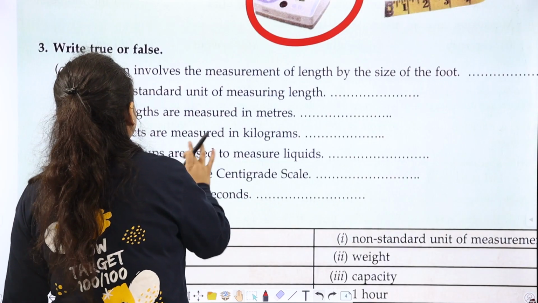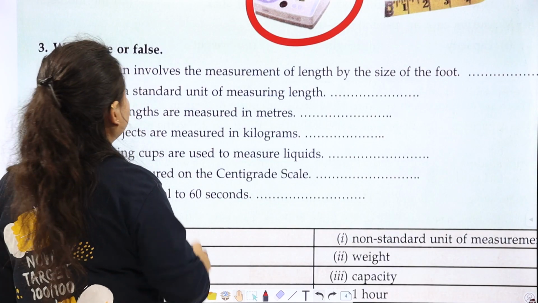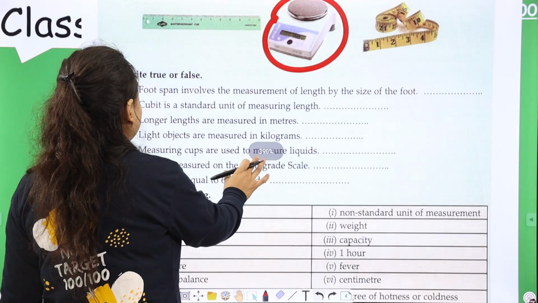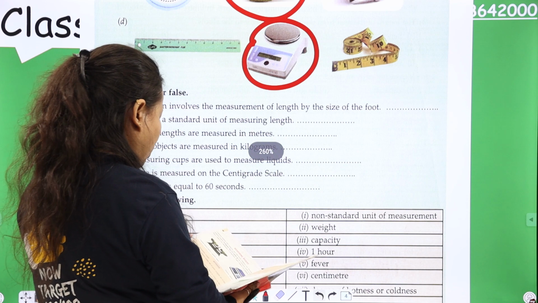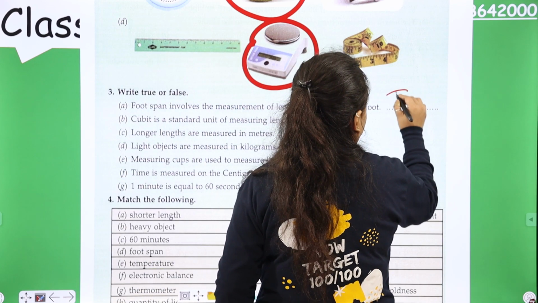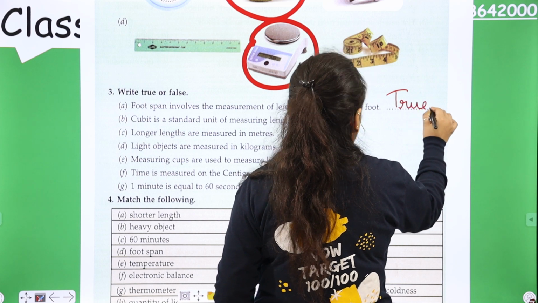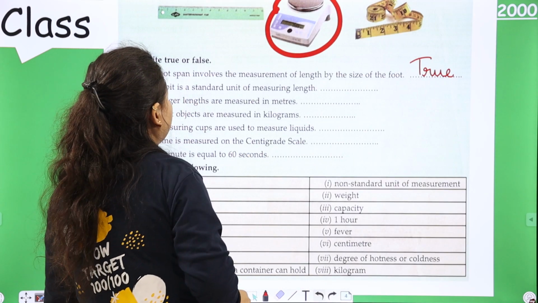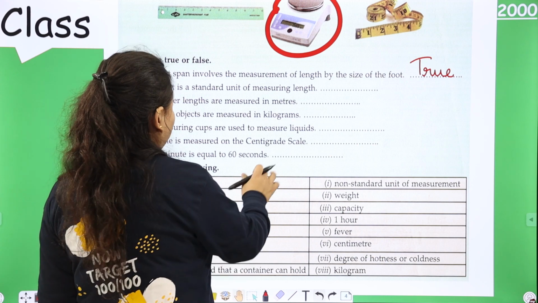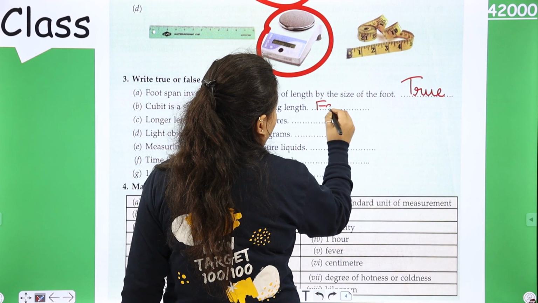Next are true and false. Foot span involves the measurement of length by the size of the foot. This is right. So, true. Cubit is a standard unit of measuring length? No, false. Cubit is a non-standard unit.